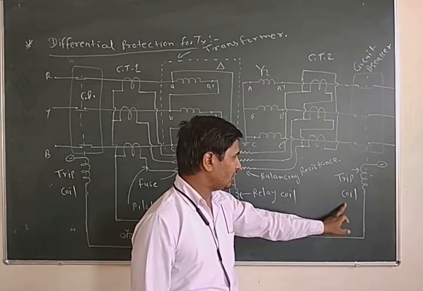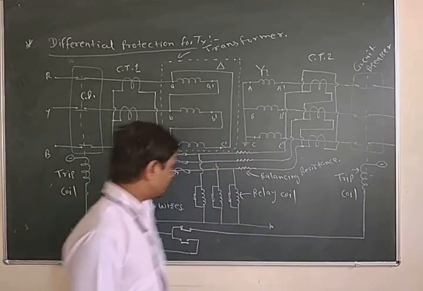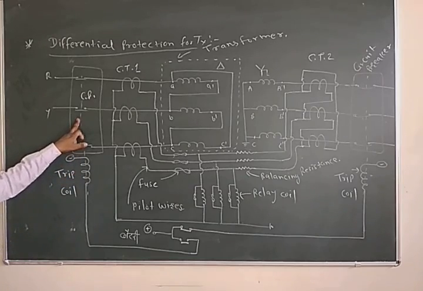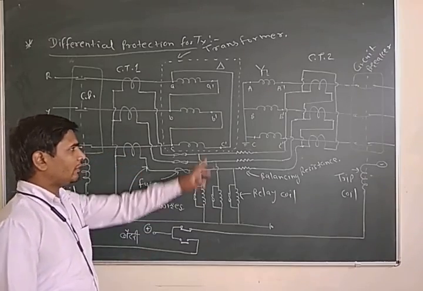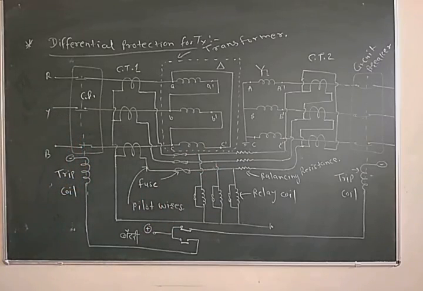This trip coil is used for the circuit breaker at the secondary end, and this trip coil is used for the primary of the transformer. This is the layout of the differential protection scheme used for protection of the transformer, and the arrangement of the elements of this protection scheme. Now we understand the working of this scheme.